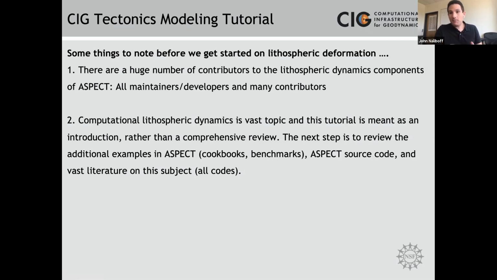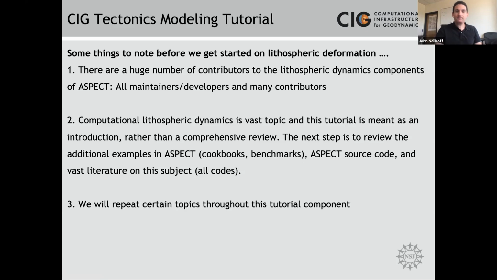Then, especially before you start on a very specific modeling topic, start reviewing the literature. You'll find that between different codes and groups, some people do things in a similar fashion, but in some cases people do things differently. It's a good starting point to know what has worked or not worked in the past, because for some problems some methods work and some don't. And we're constantly learning and adapting Aspect accordingly.